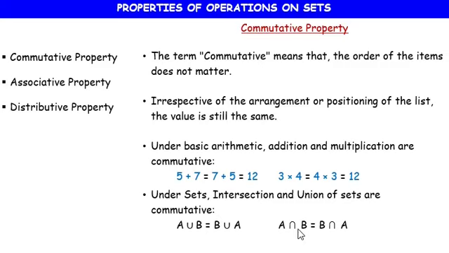A intersection B is the same as B intersection A. Though I have interchanged the positions of A and B, it still doesn't make any difference. I'll end up getting the same members of the set. Alright, so that is the general overview of the commutative property. Okay, let's move on to the next property.